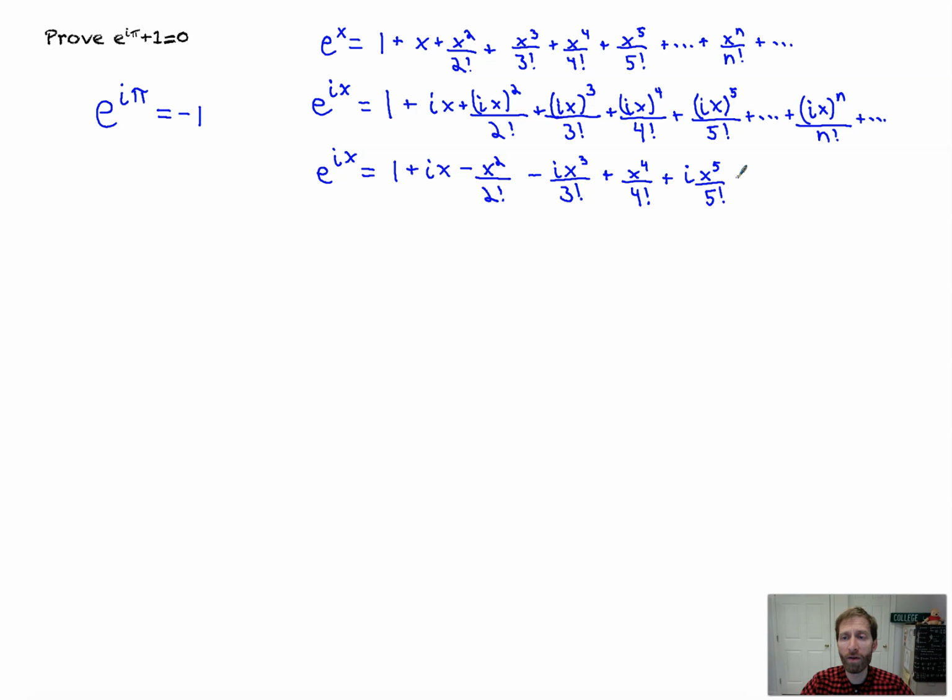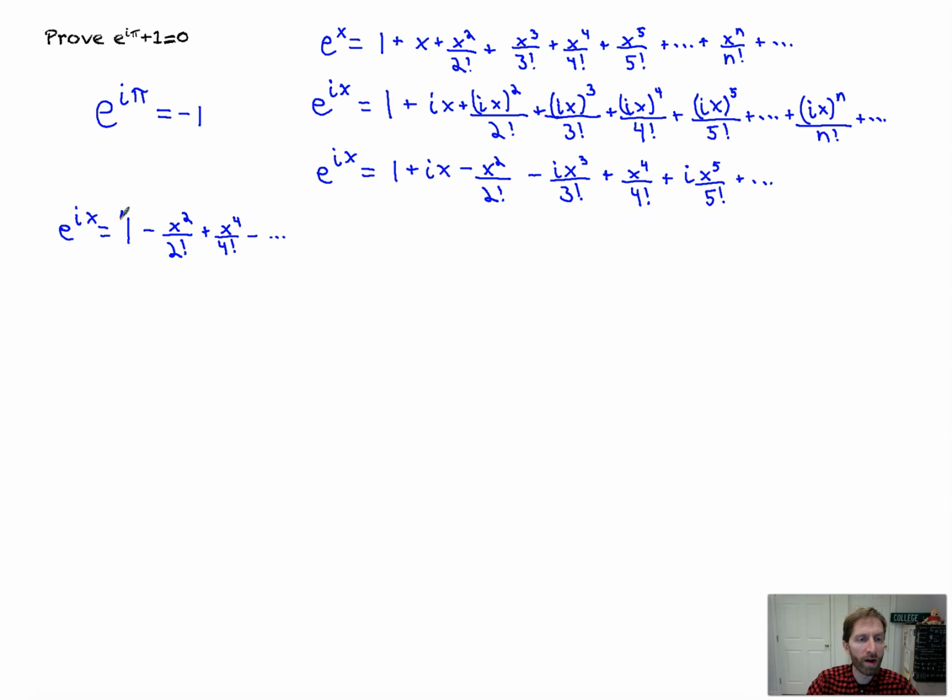Now, what's the importance of all of this? The importance of it is you get to see a pattern in here. It's tough, so I'm going to write this over here. We need a little more room. e to the ix is equal to, I'm going to rewrite it in a different order. Do you all see the i terms and the non-i terms? We can split them up. So I'm going to write it as 1 minus x squared over 2 factorial plus x to the 4th over 4 factorial minus, and that keeps on going.